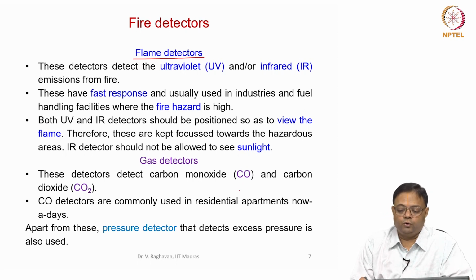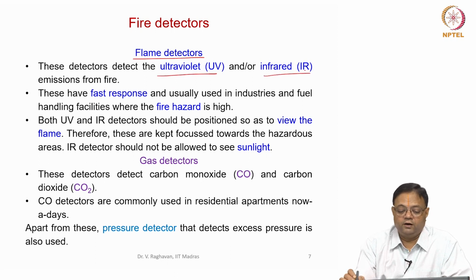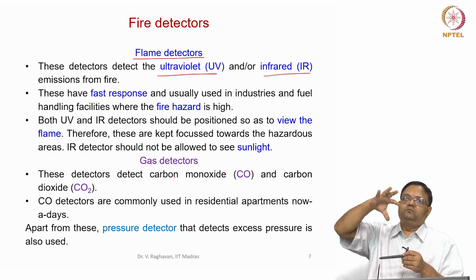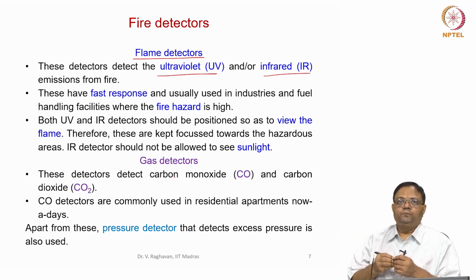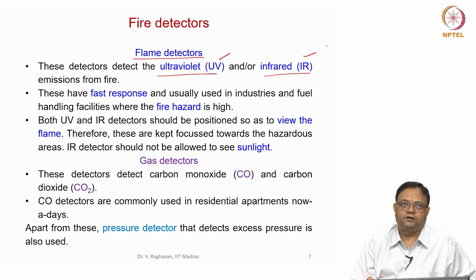Flame detectors, as I told you, detect the ultraviolet emissions or infrared emissions from the flame or fire. The flame has several spectrums of radiation, and ultraviolet and infrared spectrum are also present.